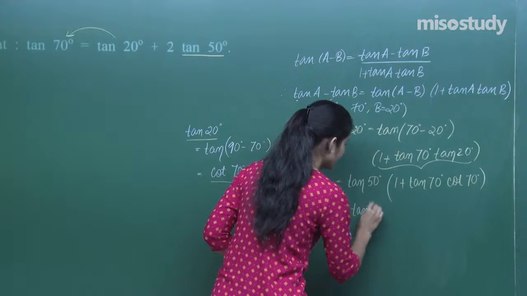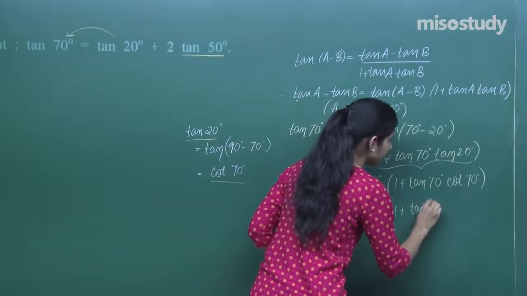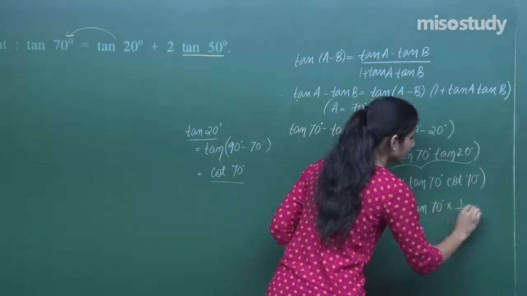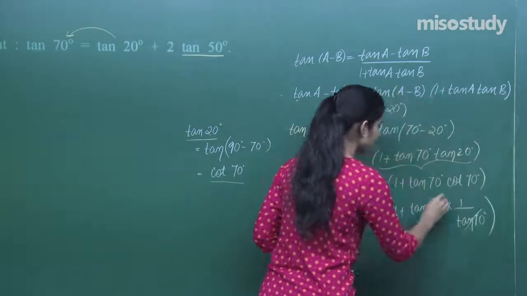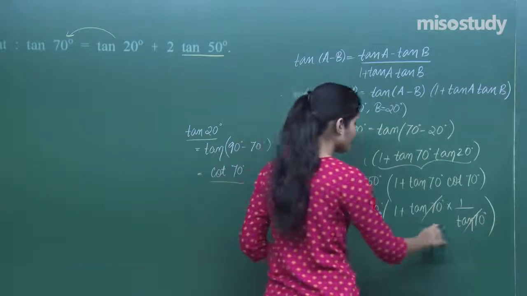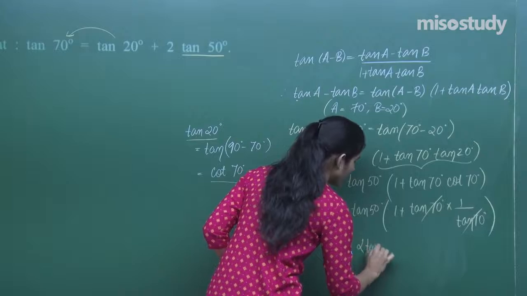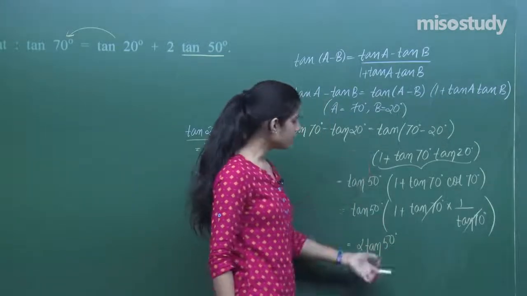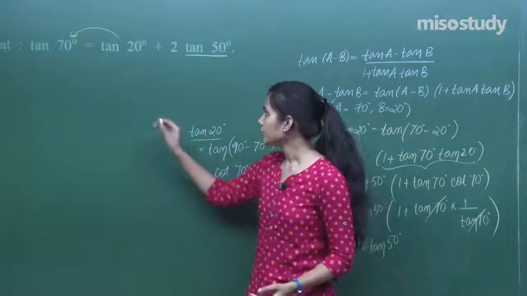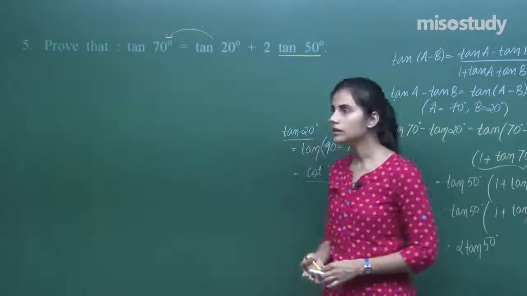This gives you tan 50 into 1 plus tan 70 times cot 70. Cot 70 is nothing but 1 upon tan 70. Tan 70 cancels out. You are having 1 from here and 1 already here. 1 plus 1 is 2. You have got 2 tan 50. And therefore, tan 70 minus tan 20 is 2 tan 50, or I can say tan 70 is tan 20 plus 2 tan 50. Clear?